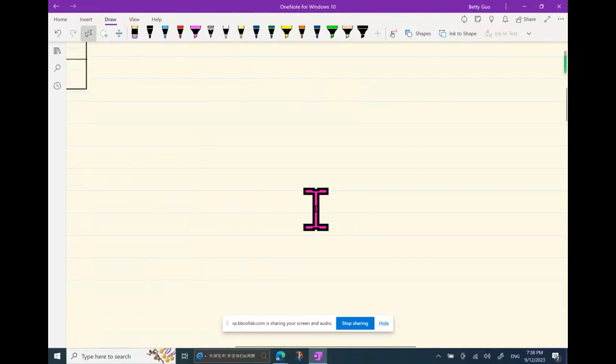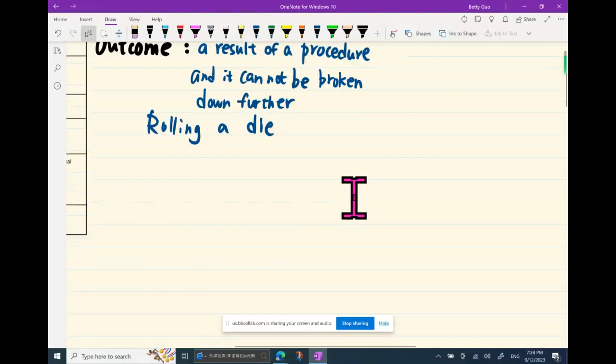We use the capital letters A, B, C, D to represent the results of the procedure. If we let A represent the result that we get a number 6, and then we use B to represent the result that we get an even number.